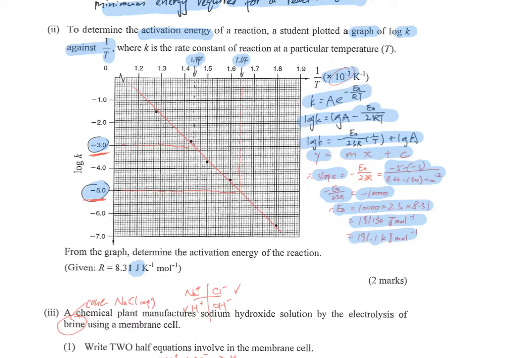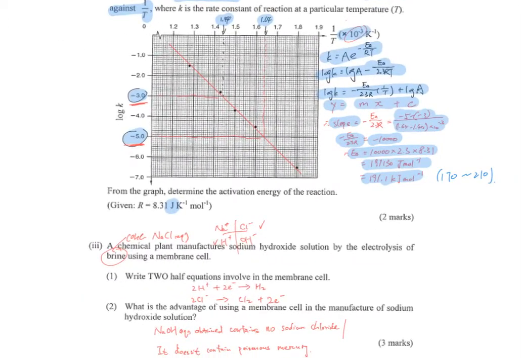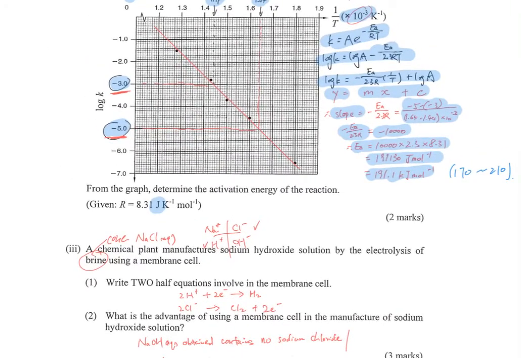The acceptable range is positive and negative 10%, so around 170 to 210. If your answer is within this range, you can still get the mark. So this is for part 2. I think it's very straightforward. The main point is you need to memorize this equation.